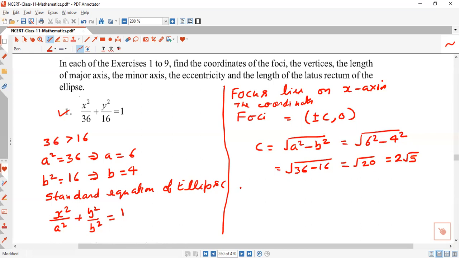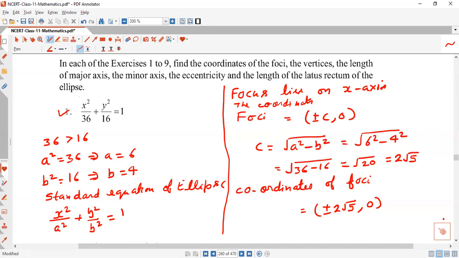So the coordinates of foci of the ellipse will be plus minus 2 root 5 comma 0. There are two foci, so we are using the word foci.